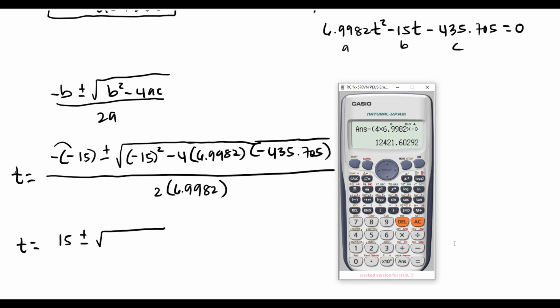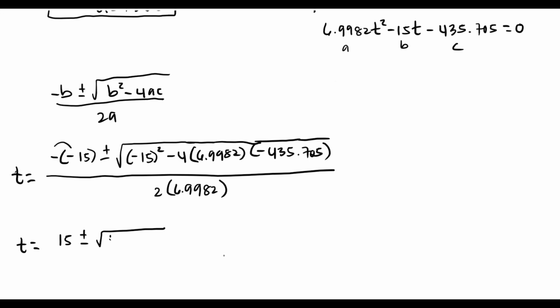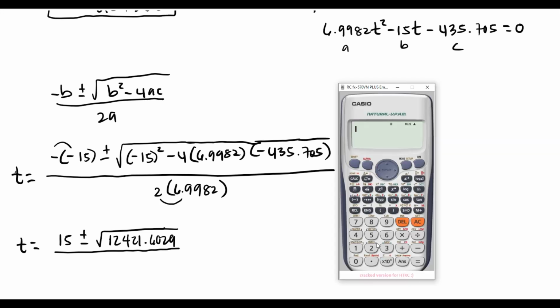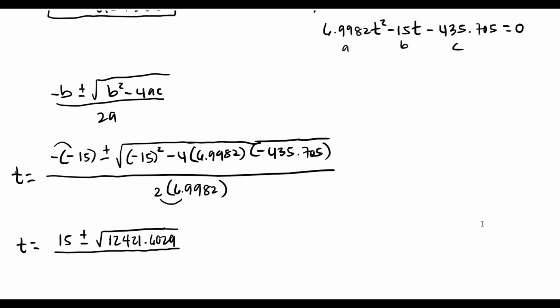So that's equal to 12,421.6029. Then over 2 times 6.9982. So that's 13.9964.